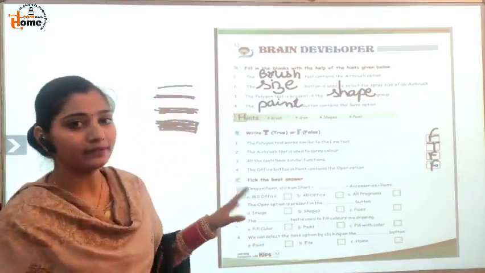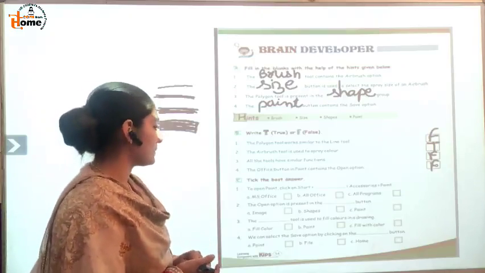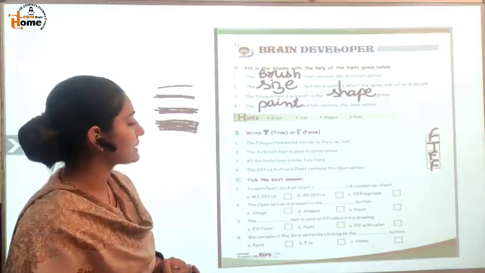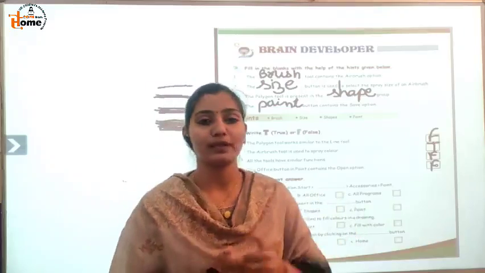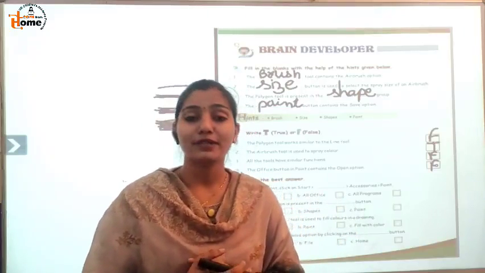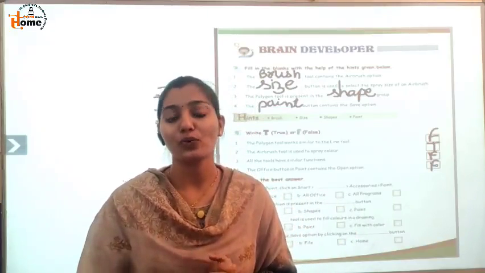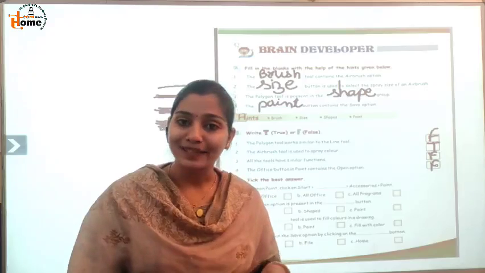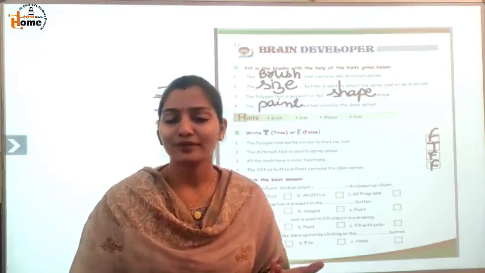Have you completed? Okay, let's move to pick the best answer. First one, to open paint, click on start, then dash, then accessories, then paint. How will you open the paint? We have learned now. In the previous chapter, I have told you how to open paint. First step, you will click on the start button. Next, you will click on what?